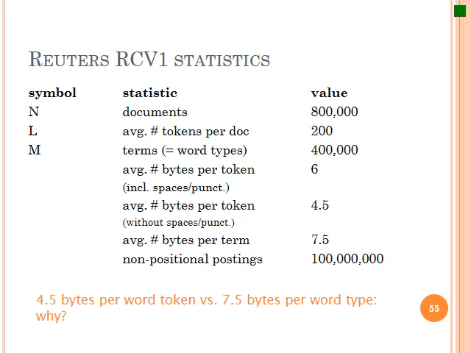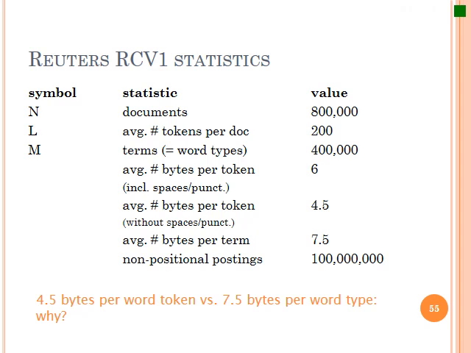The number of terms in the document set is 400,000. Remember, the terms are the distinct tokens. The average bytes per token is 6 with spaces and punctuation, and 4.5 without spaces and punctuation.